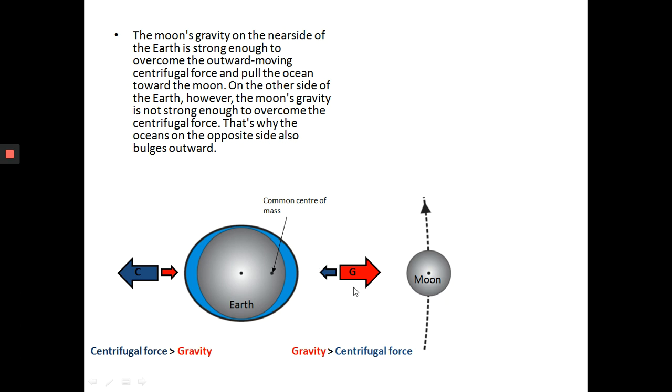But the other side of the Earth is far enough away from the moon that centrifugal force is stronger compared to gravity. So you get two opposing bulges on either side. These bulges represent your high tides, and the areas at an angle to your bulges are your low tides.